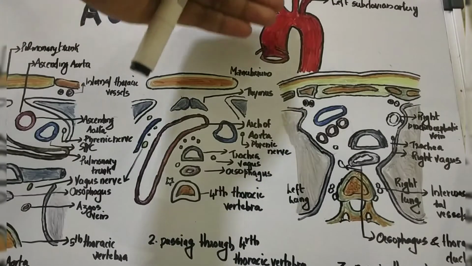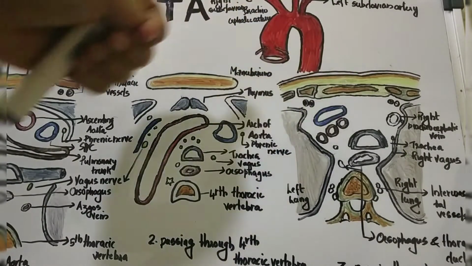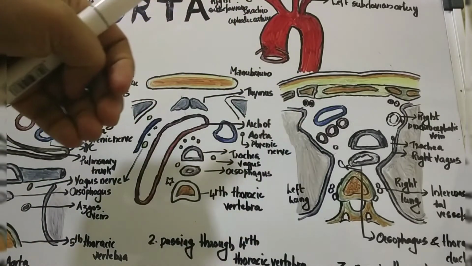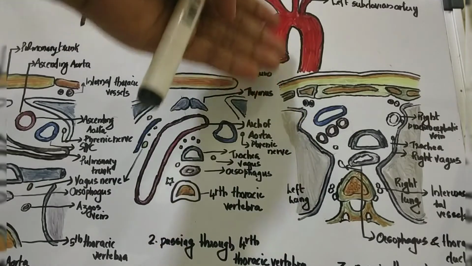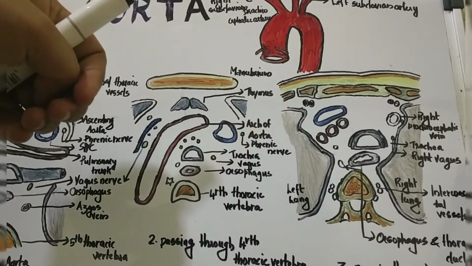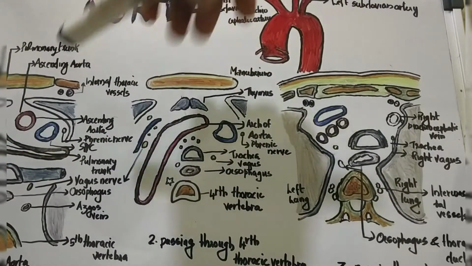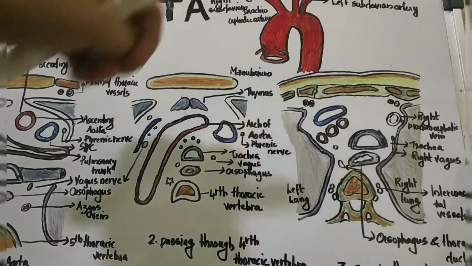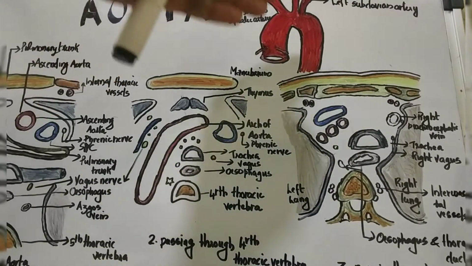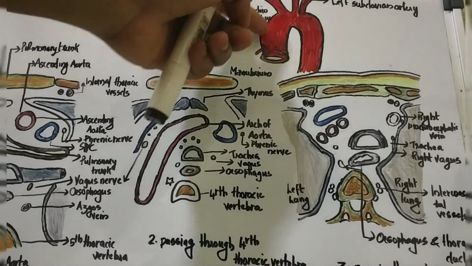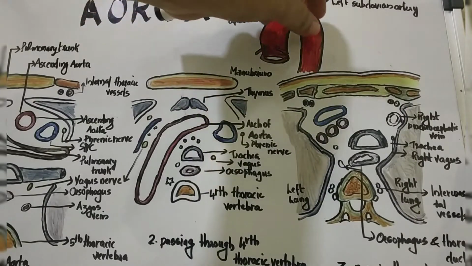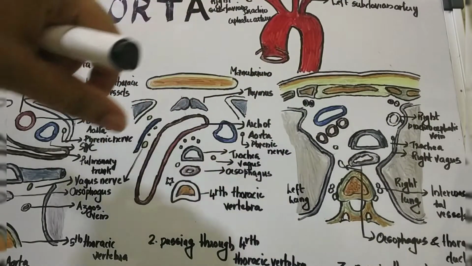It begins behind the left half of the sternum at the lower border of the third costal cartilage, and then it moves upwards, forwards and to the right, and then it becomes continuous with the arch of aorta.